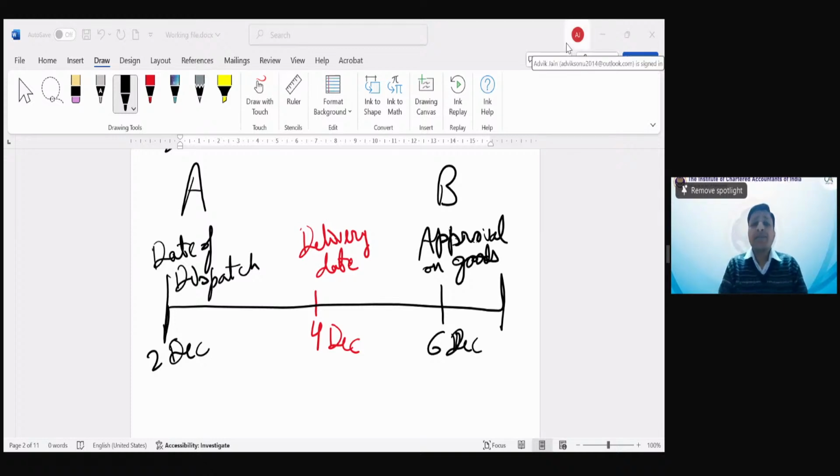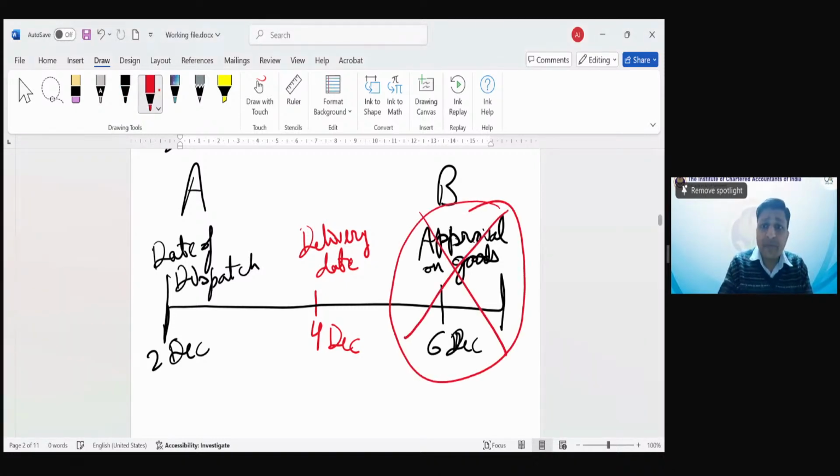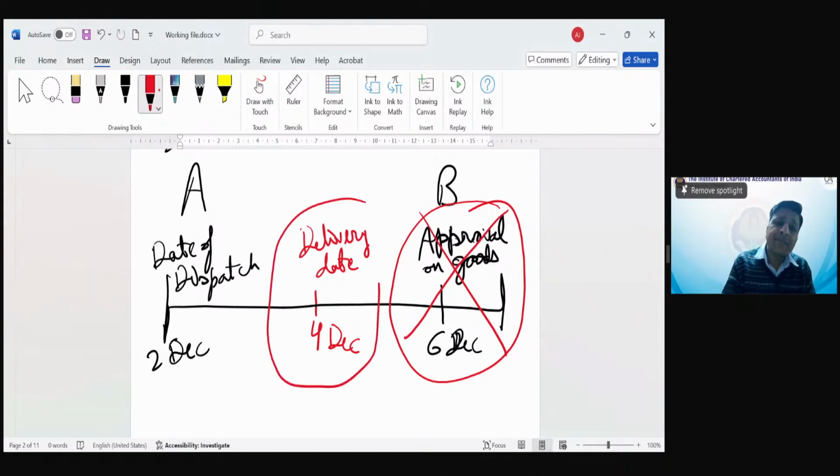I think in this case, seller should not wait for this date of approval. Why? Because it's not relevant. On this particular date, the moment the goods are delivered to the buyer's location, responsibility of seller is completed.